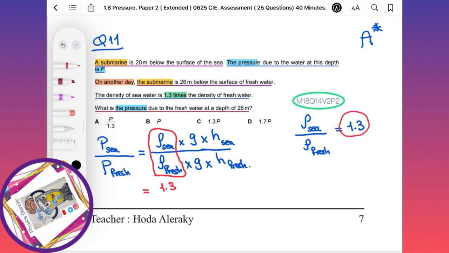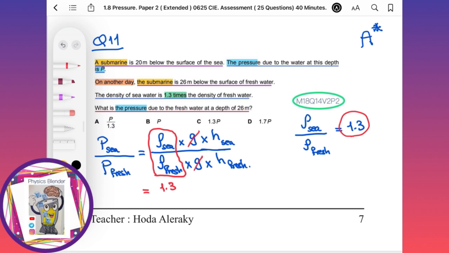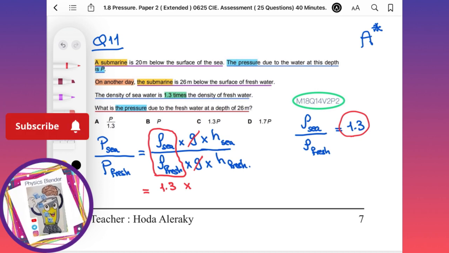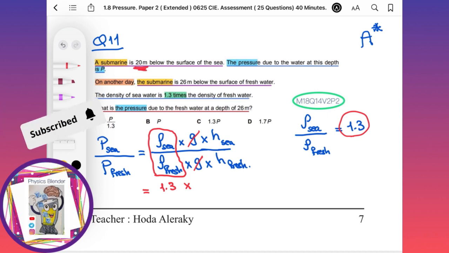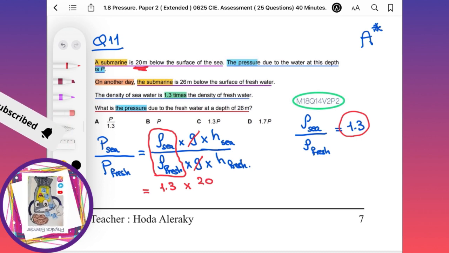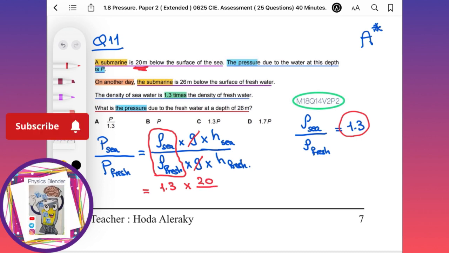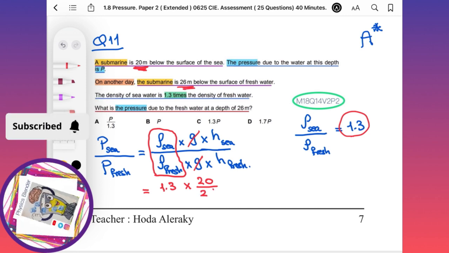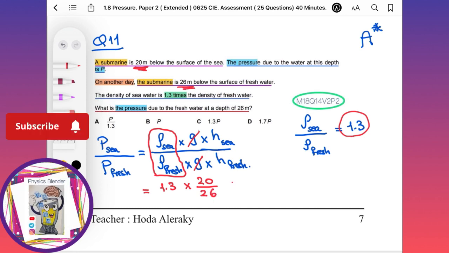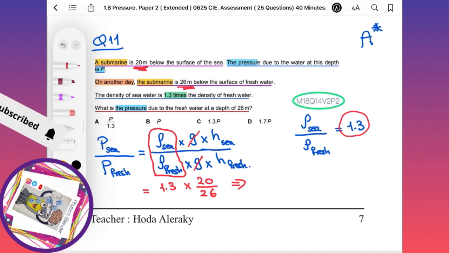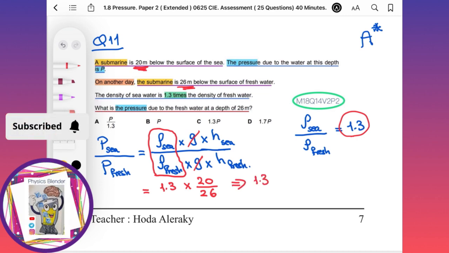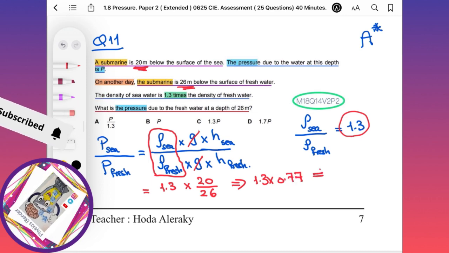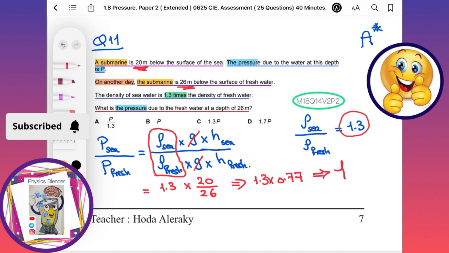You can cancel out g. Times depth due to sea is 20 meters. Depth due to fresh water is 26 meters. Your final answer is 1.3 times 0.77, which is 1.